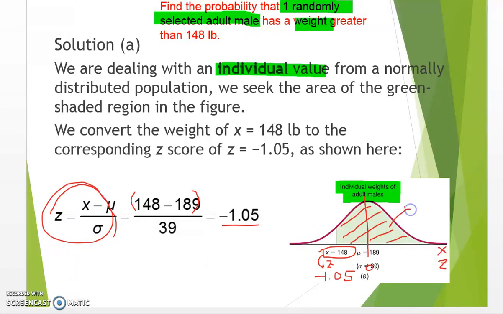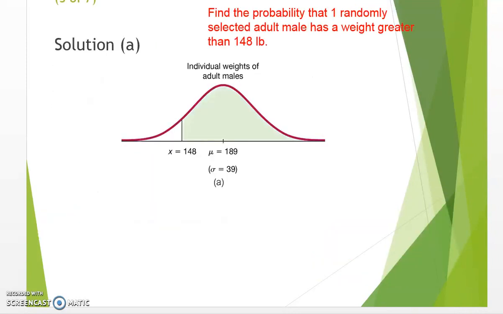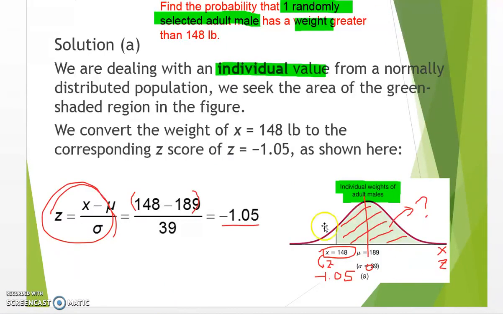So this probability, the chance of one individual male having weight higher than 148, can be computed from StatCrunch, as we just mentioned again. So let's use StatCrunch for the computation. Remember, z is negative 1.05.